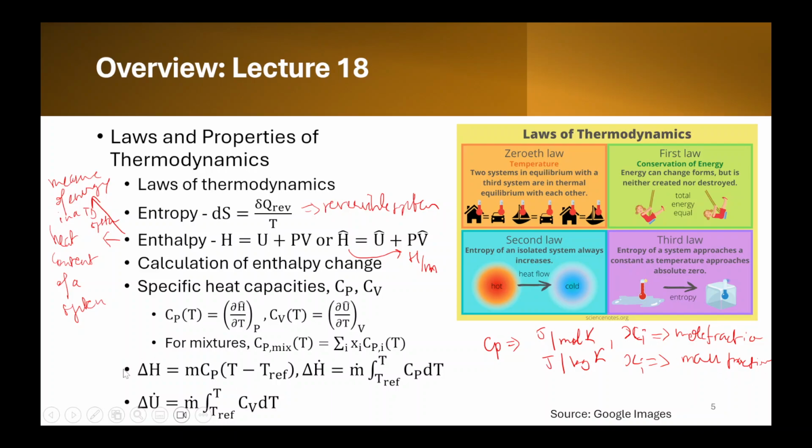Then the change in enthalpy can be computed using this relation: M Cp delta T, where delta T is T minus Tref, and Tref is your reference temperature.